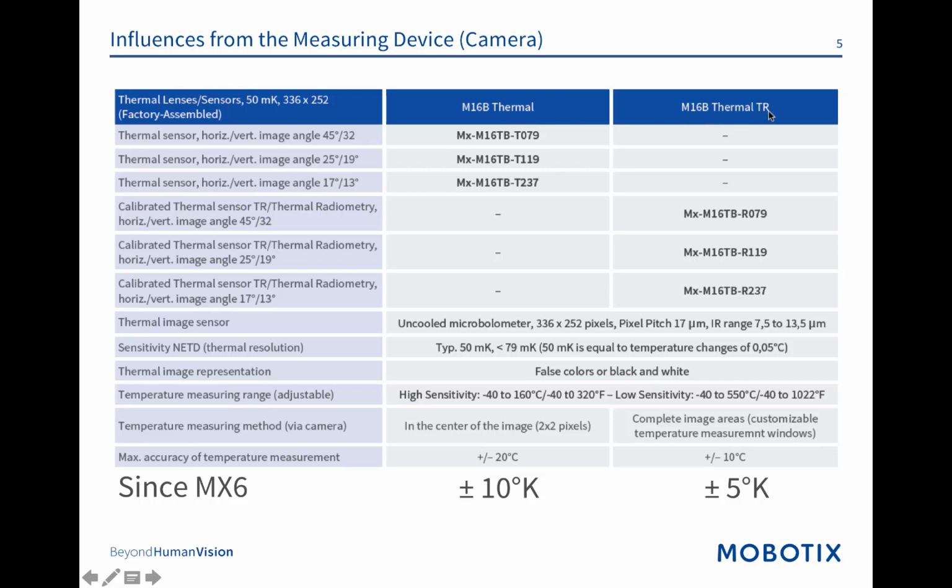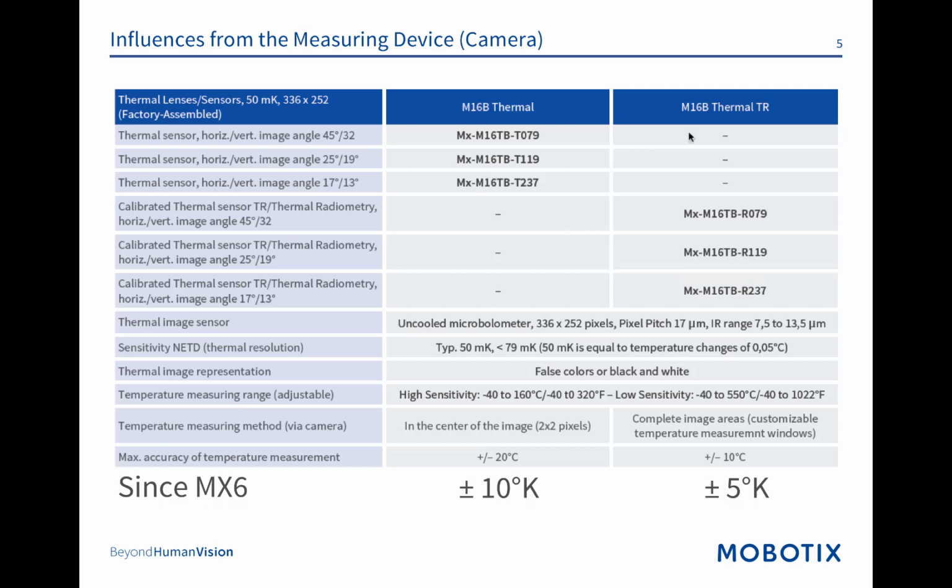The TR sensor is the abbreviation for thermal radiation. Yeah, so this is a higher accurate sensor, and this is of course also a sensor what has a higher accuracy if it's about the absolute value of the measurement.